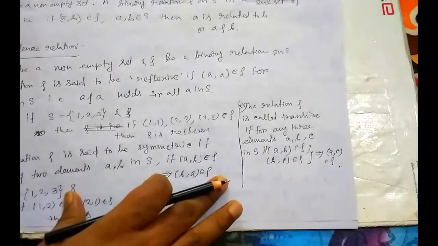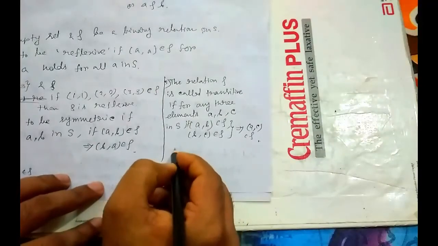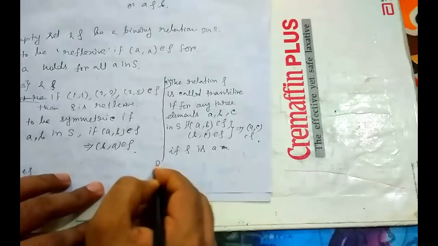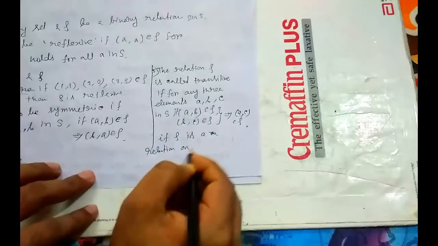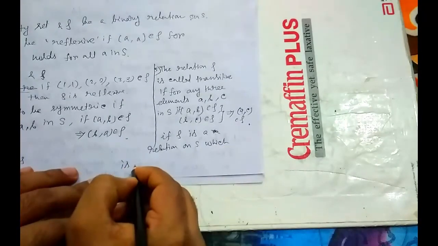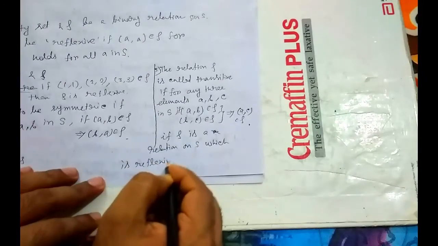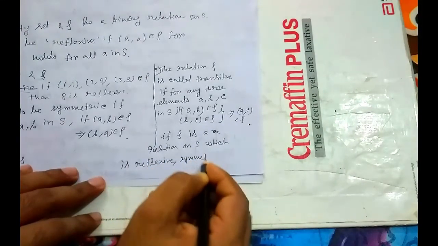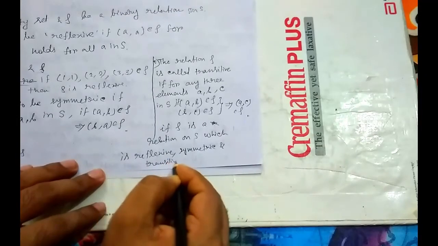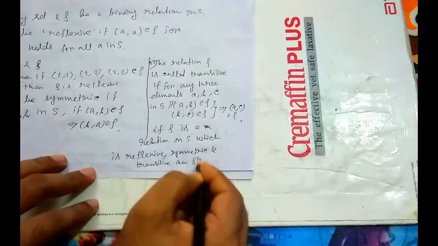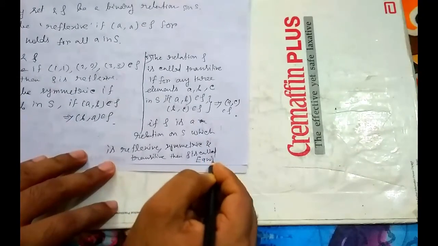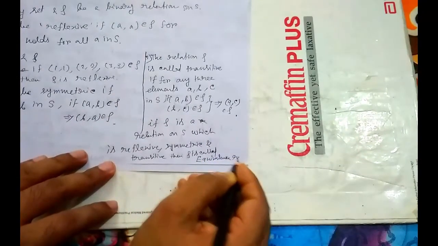And the last line of our definition: if rho is a relation on S which is reflexive, symmetric and transitive, then rho is called equivalence relation.